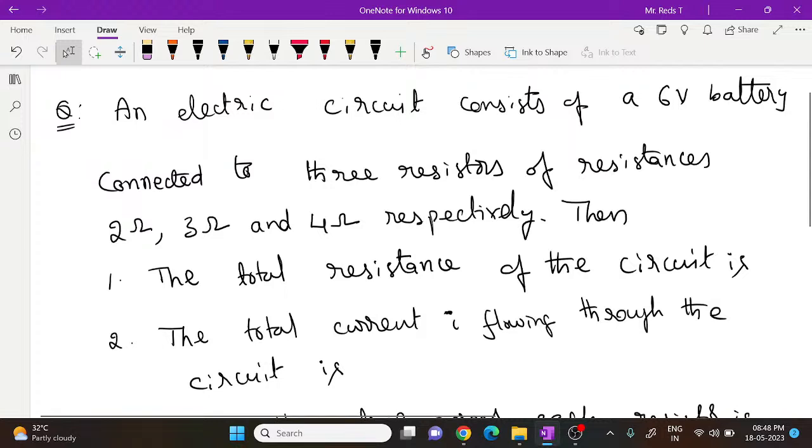I missed mentioning this here. They are connected in series. The three resistances, 2 ohm, 3 ohm, 4 ohm respectively, are connected in series. Note that down properly, guys.